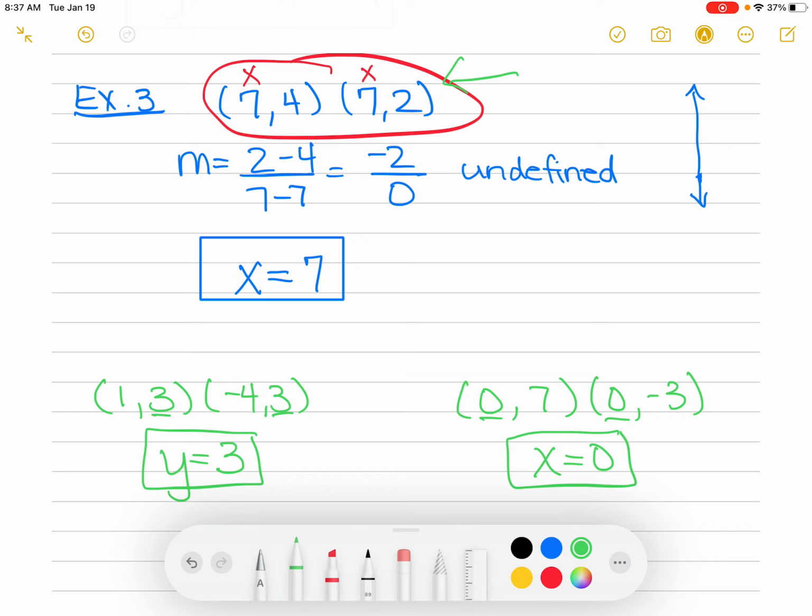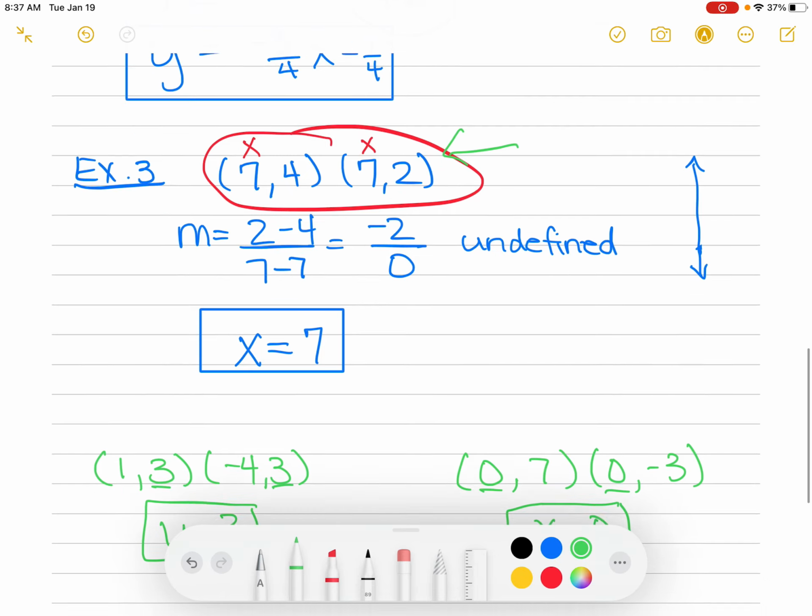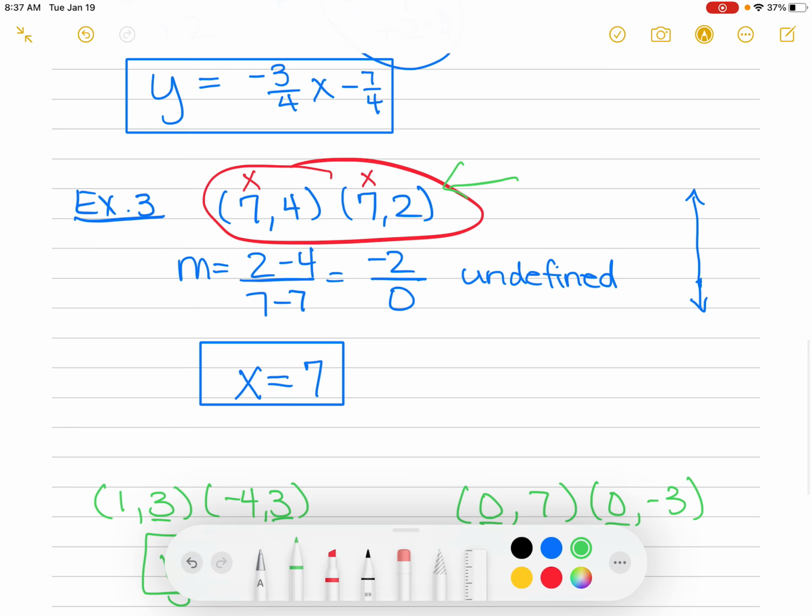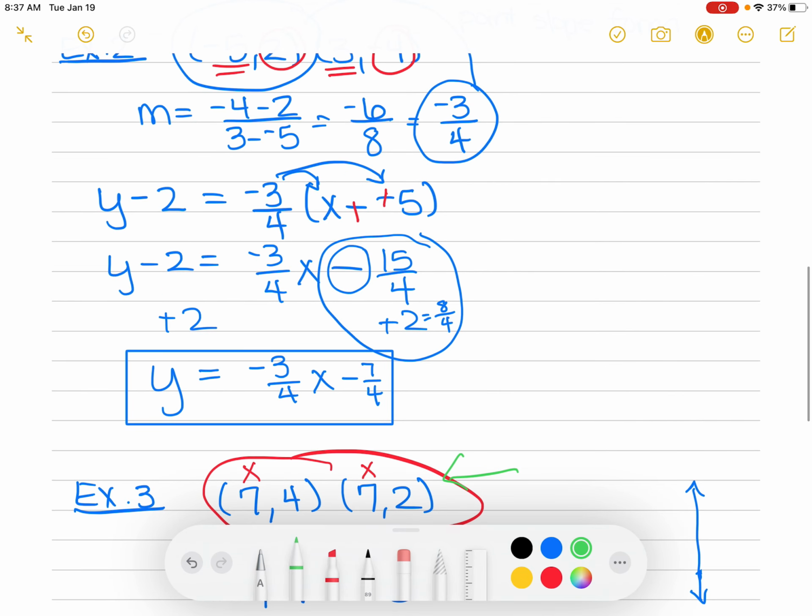Now, on the first part of your homework, it says also to find the y-intercept. Let's go back up here. If it asked me for my y-intercept on this one, that's why we're changing it into slope-intercept. My y-intercept is this.